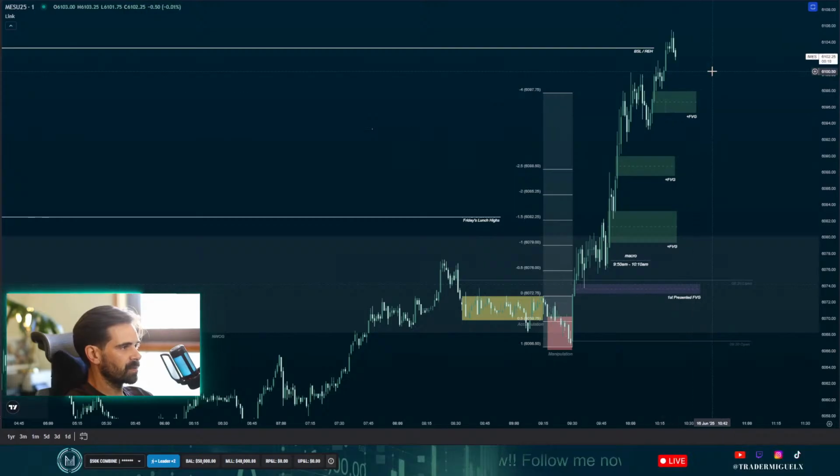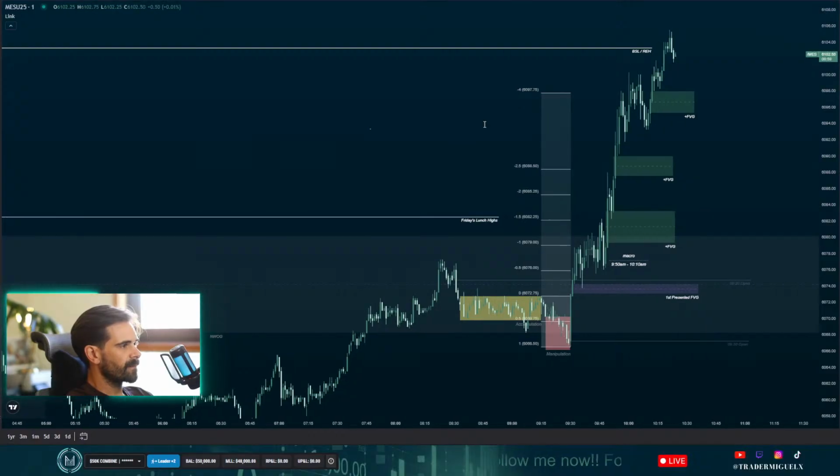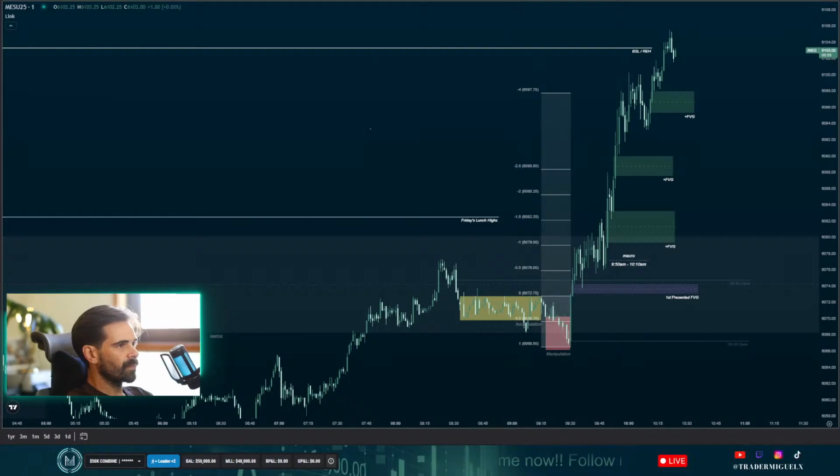Otherwise, it will be some type of a high resistance. So another fair value gap here.